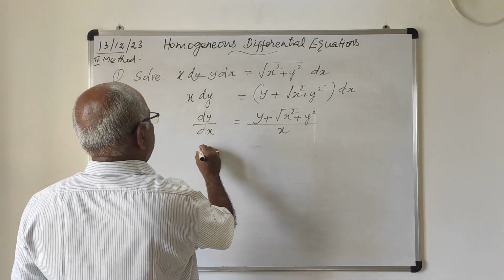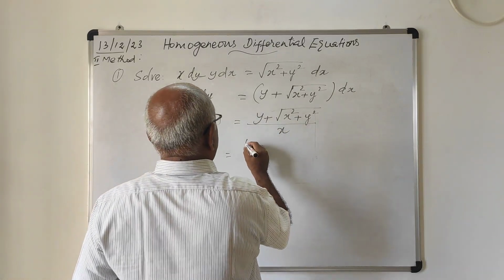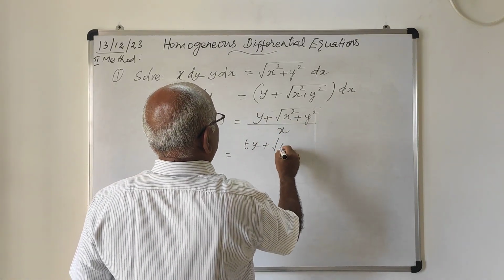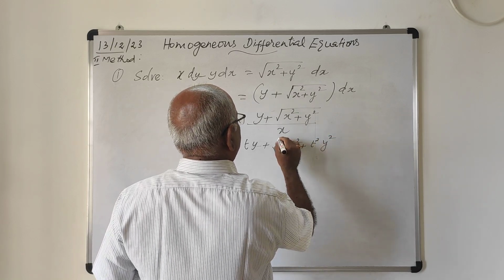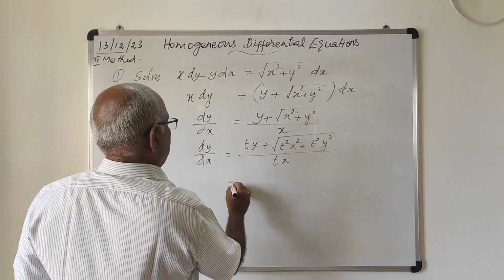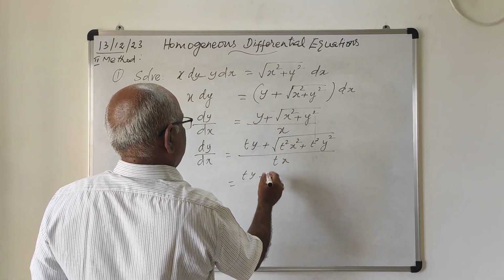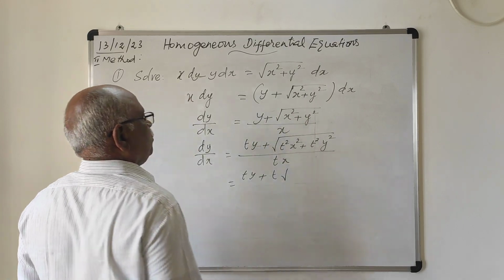Now you replace y and x by ty and tx. This is ty plus root of t square x square plus t square y square, by tx. In the numerator, ty, you can take t square out of the square root, you will get only t.